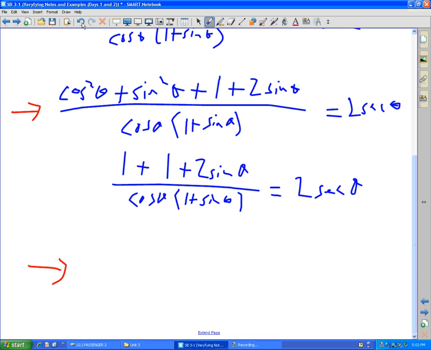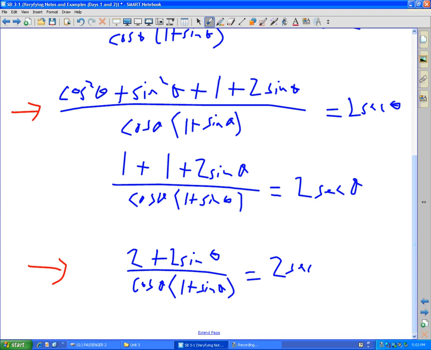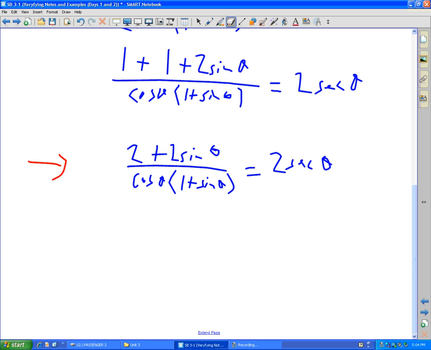Don't do that, because then you're not showing where the other 1 came from. You're not showing it was a substitution from a Pythagorean identity. Sometimes you're going to get in a hurry, especially with these longer problems. You're just going to have to hang back and be patient. You don't want to get yourself in trouble by not showing substitution steps.